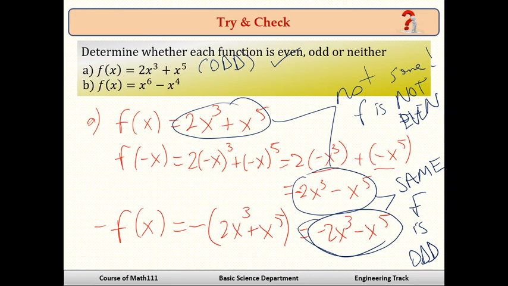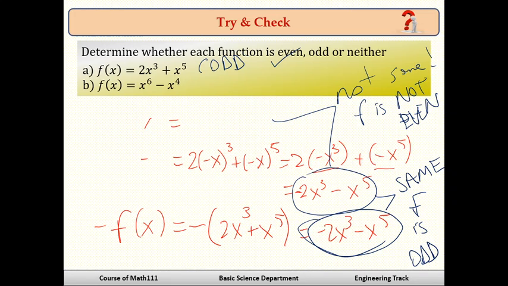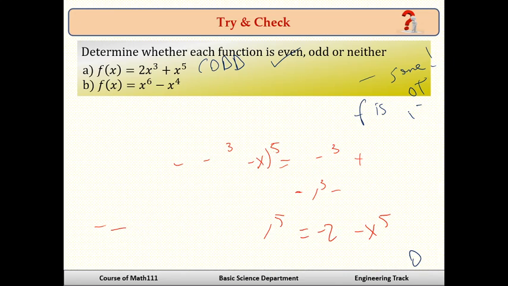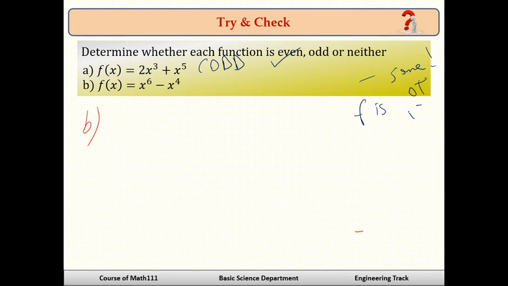Now let's look at the other one. We do the same thing here. We check f of x, f of minus x, and minus f of x. Each time the function changes. Here the function is this, and here the other function is this.